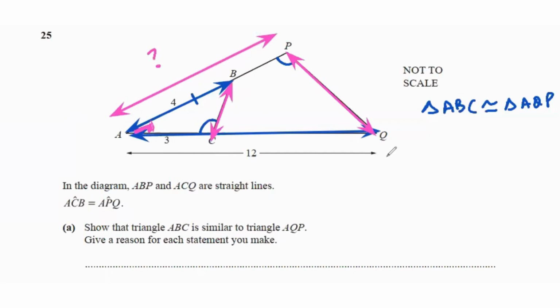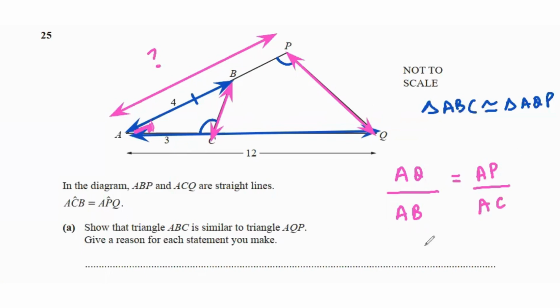So I'm going to say that the ratio of AQ over AB is going to equal the ratio of AP over AC.